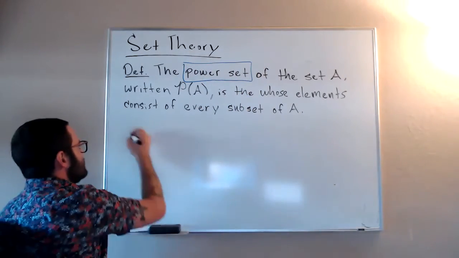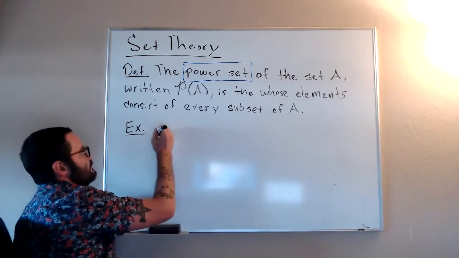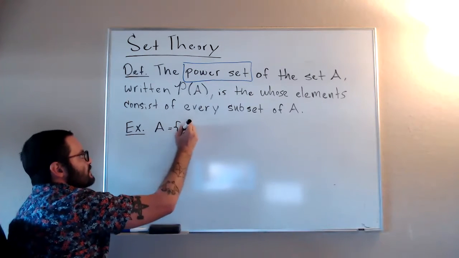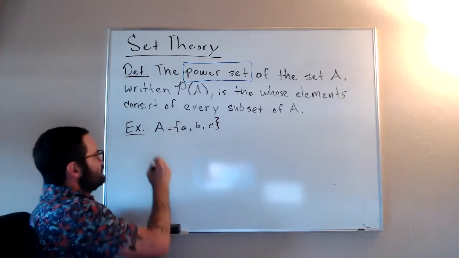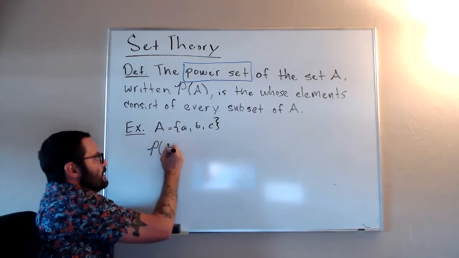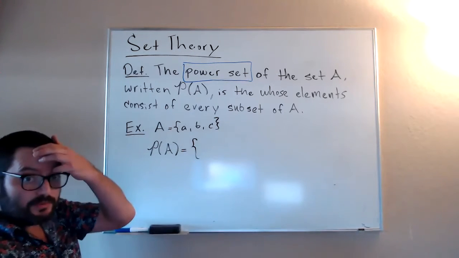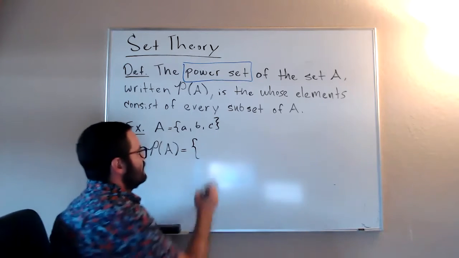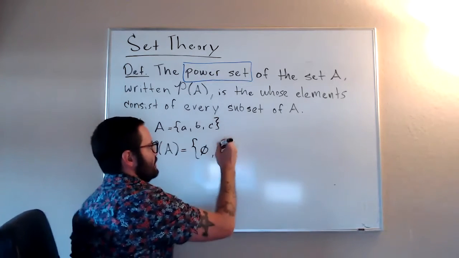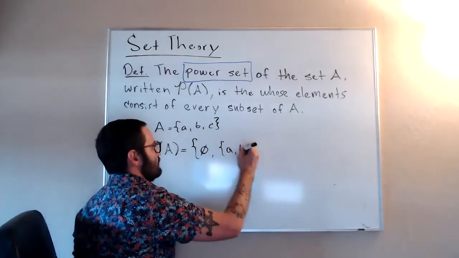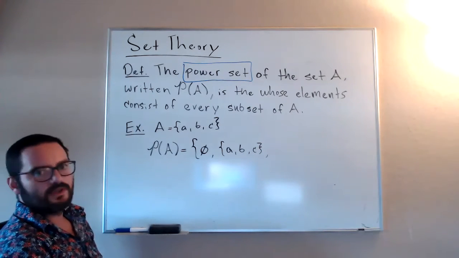Okay, so let's look at an example of this. So if A is the set {a, b, c}, then the power set of A is equal to, well, by the previous proposition, we know immediately two subsets of A. We know that the empty set is a subset of A. We also know that A is a subset of A. And then what are some other subsets of A?